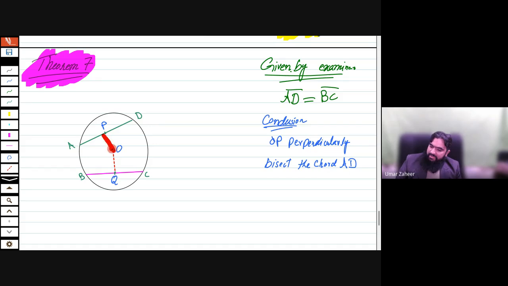Here, if you take the perpendicular distance from the chord to the center, first of all it is perpendicular, and second it divides the chord into two equal parts. Bisect means dividing a line into two equal parts, so AP is equal to PD.